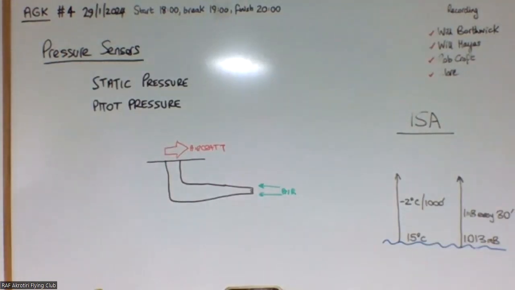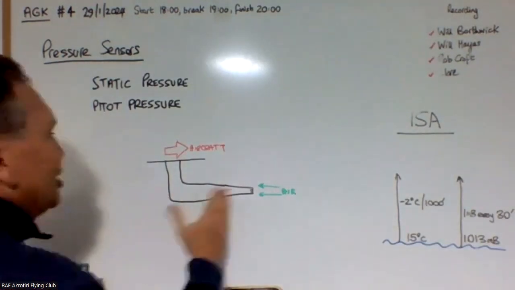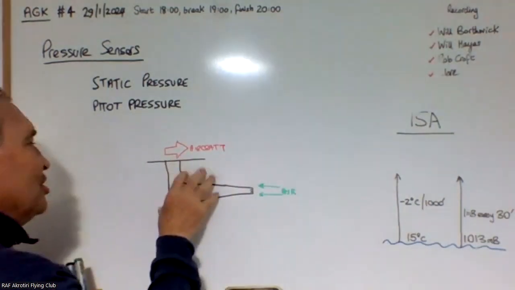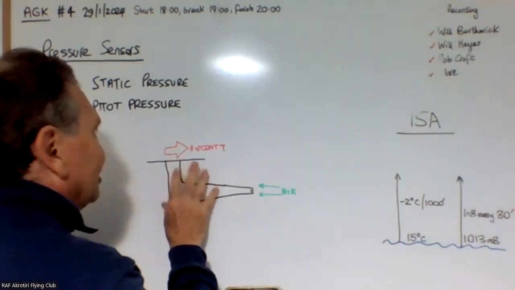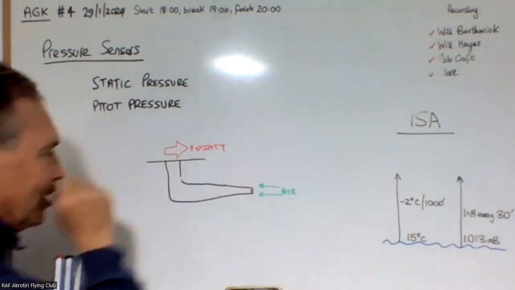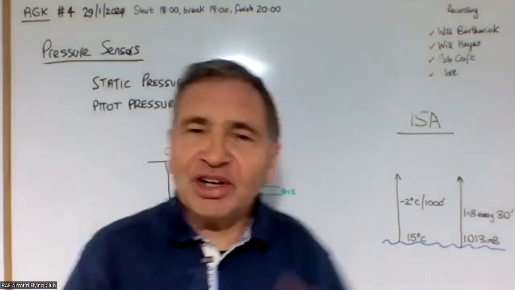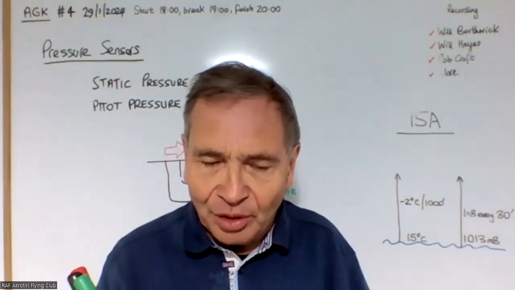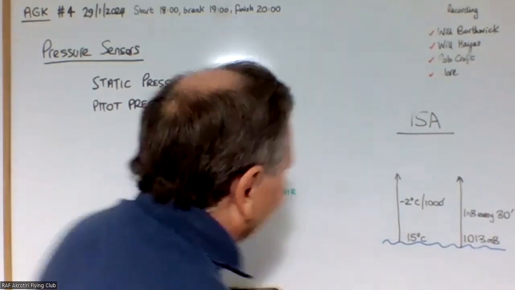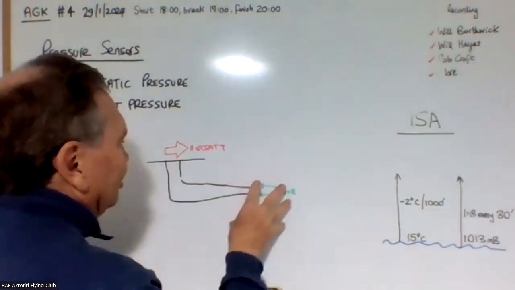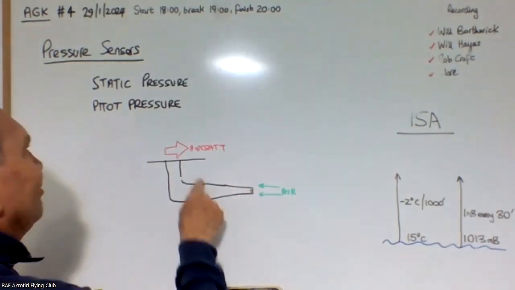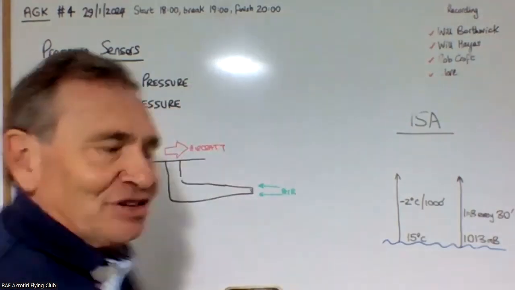So the pressure this is seeing is the pitot pressure. But if you think about it, what actually is the pitot pressure made of? Well, it's actually two bits, isn't it? Because it's also measuring the static pressure, isn't it?